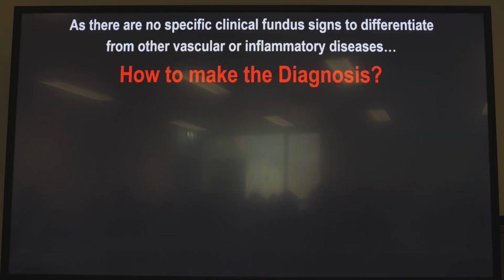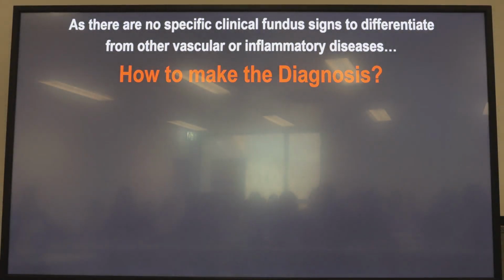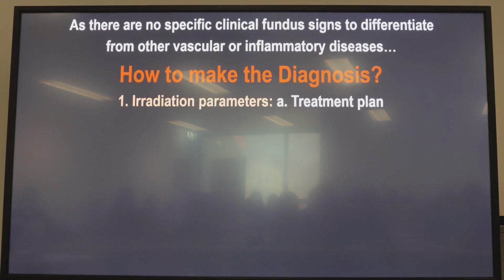As there is no specific clinical fundus to differentiate from other inflammatory or vascular retinopathies, the first and foremost thing you have to do is give me the treatment plan. And then, has there been irradiation in the zone? And then we start business. So that's the first and foremost. You might be surprised how many jump to conclusions. So, has there been irradiation in that zone? First and foremost. You agree with me, yeah? Thank you.